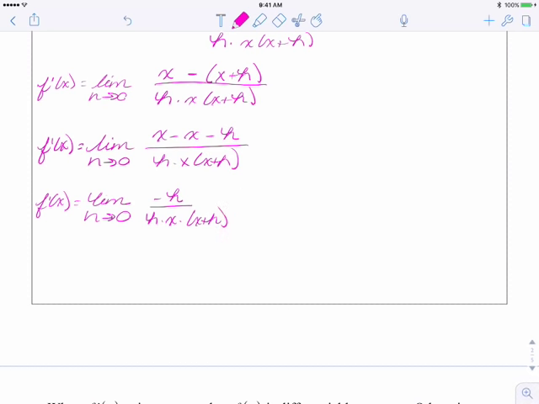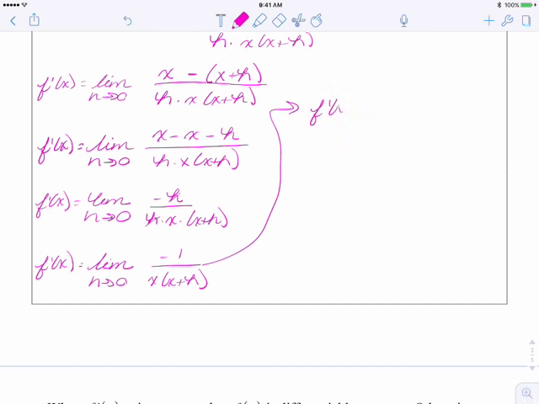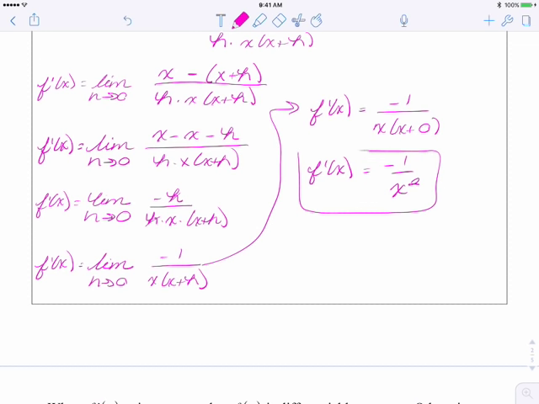Then the h that's in the numerator cancels with the h that's in the denominator. That's a common factor. So we have the limit as h approaches 0 of negative 1 over x times the quantity x plus h. And so now we use direct substitution. So f prime of x is equal to negative 1 over x times the quantity x plus 0. So f prime of x turns out to be negative 1 over x squared.